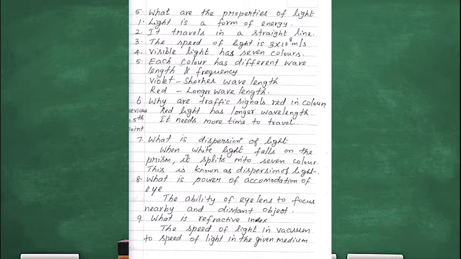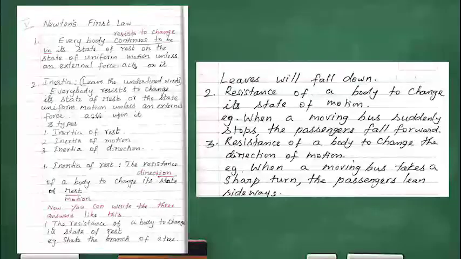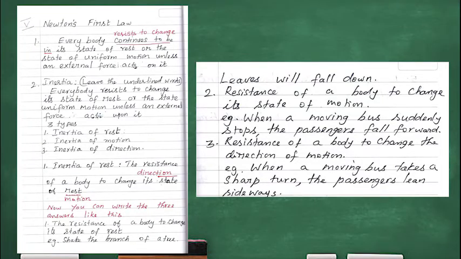Then go to the first lesson, that is Newton's first law. What is Newton's first law? Every body continues to be in its state of rest or of motion unless an external force acts on it. Okay. Then the same thing you can write it for inertia. Then there is a slight change.